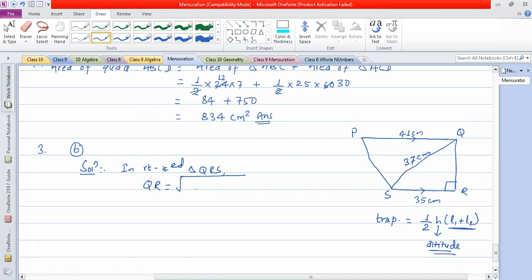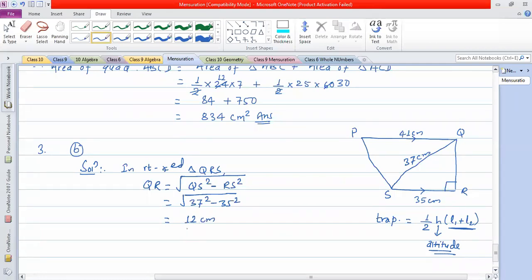Hypotenuse is QS here, you know. QS square minus RS square equal to, QS is 37. 37 square minus 35 square. How much it will come? 12 centimeter. 12 centimeter will come. Okay.